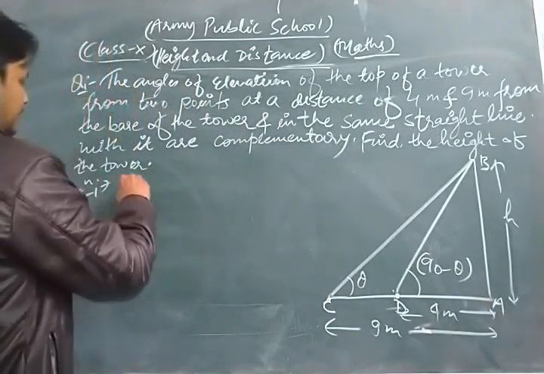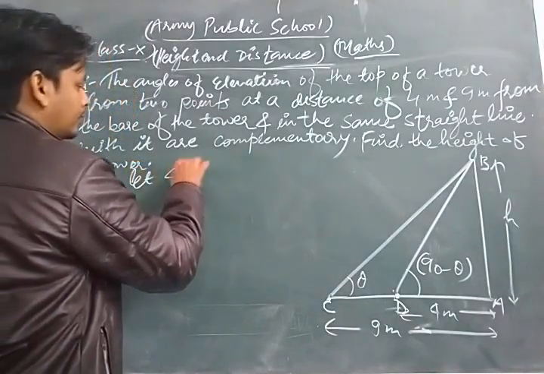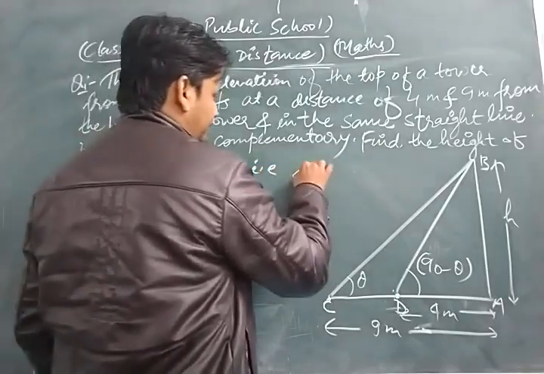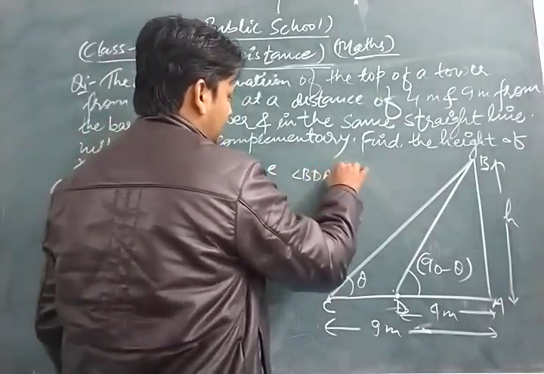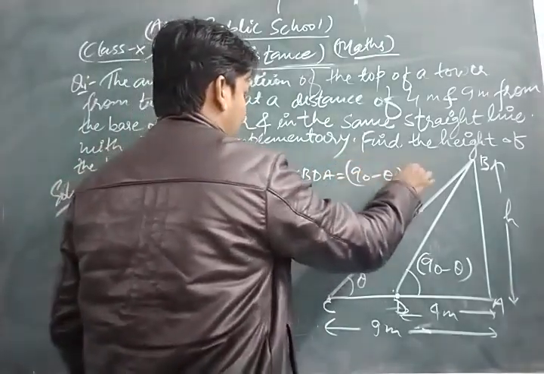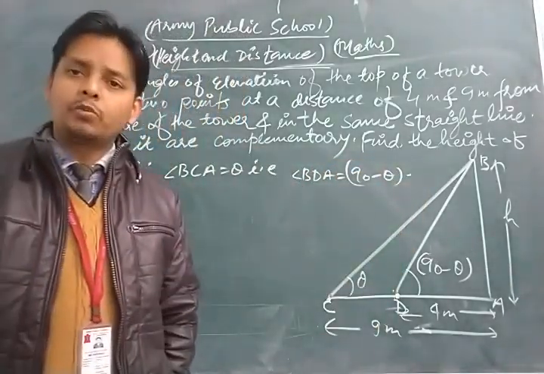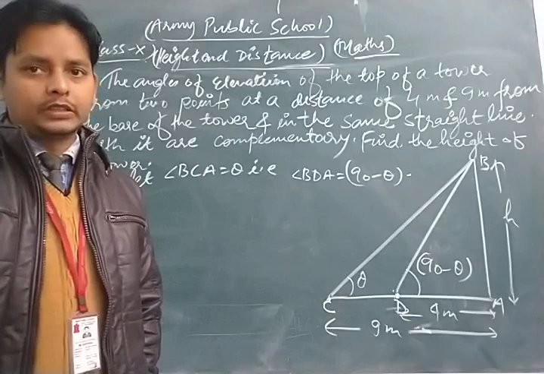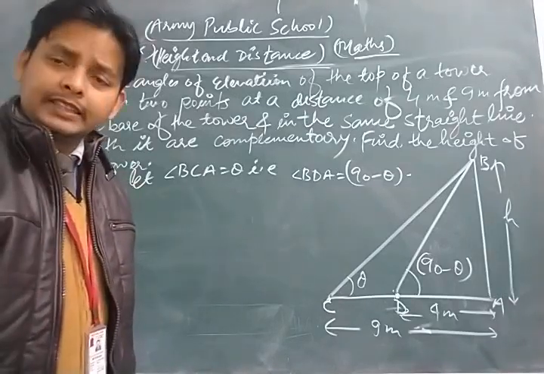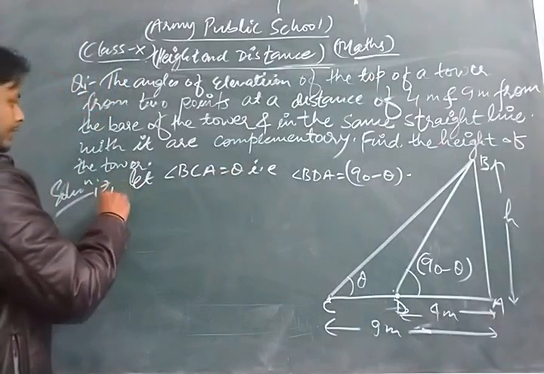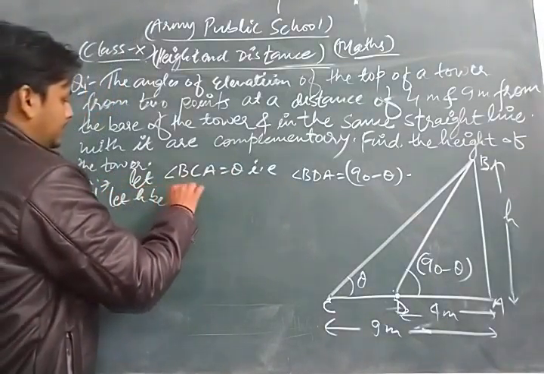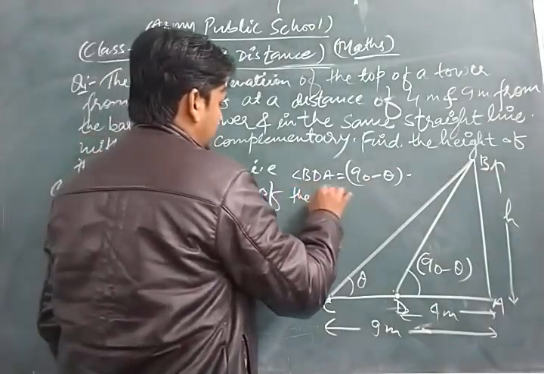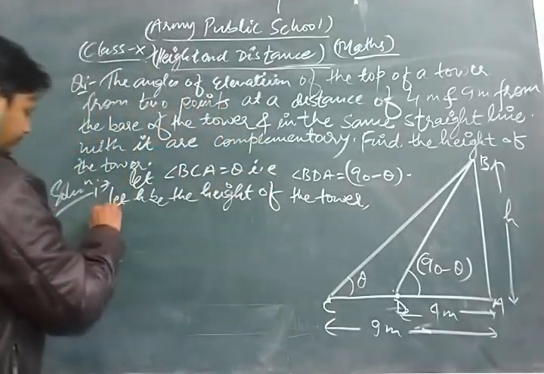So let angle BCA be equal to theta, then angle BDA is equal to 90 minus theta, because these are complementary to each other. Okay, dear friends. Now, let H be the height of the tower.